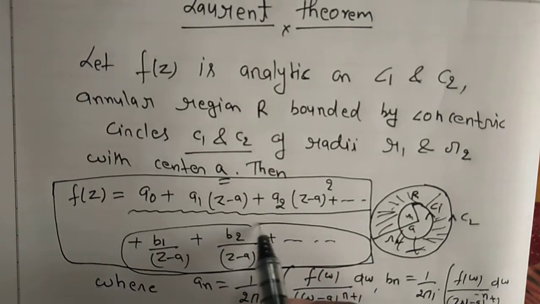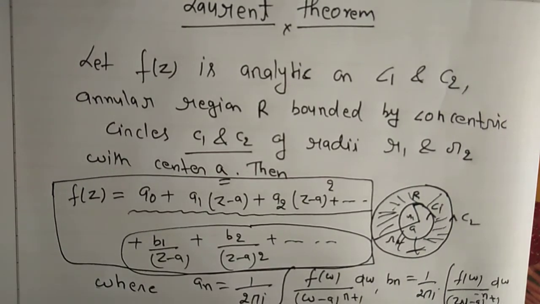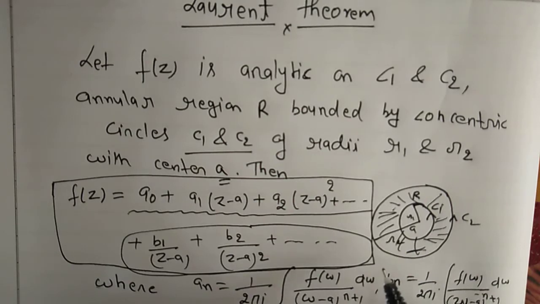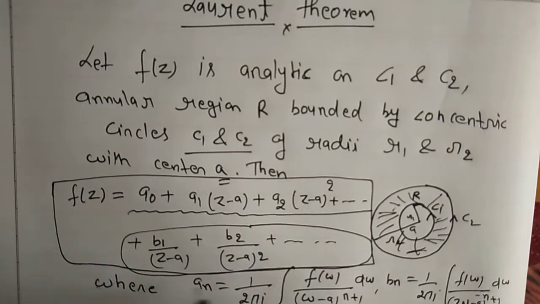For the Taylor series, the principal part will be 0. The analytic part is where the function is convergent throughout, and the second part is the principal part.